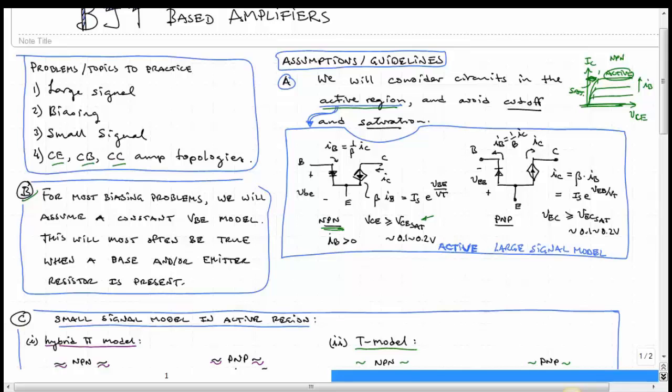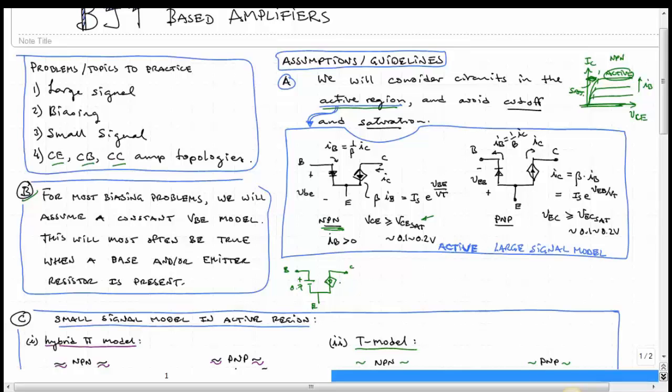Instead, we'll simply say that the collector current is beta times the base current, and we'll replace the diode with just a voltage drop.